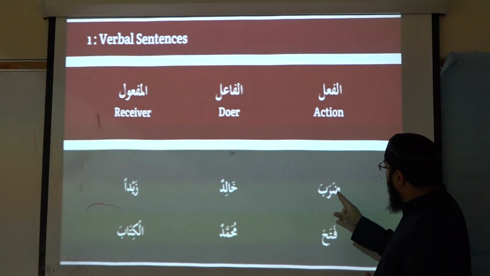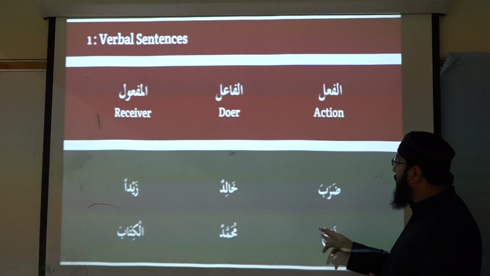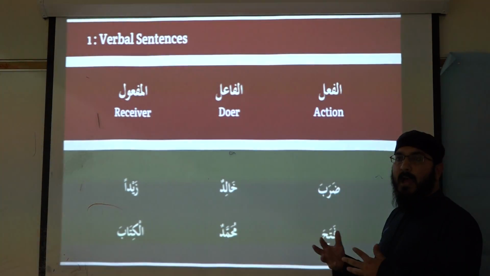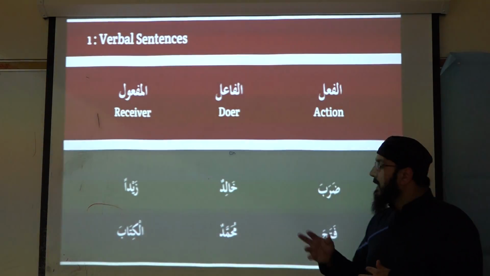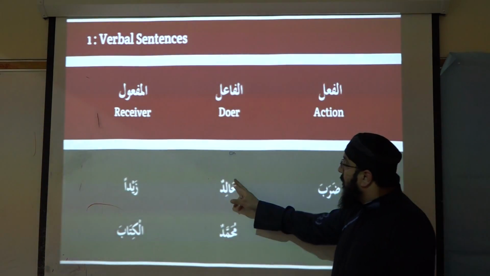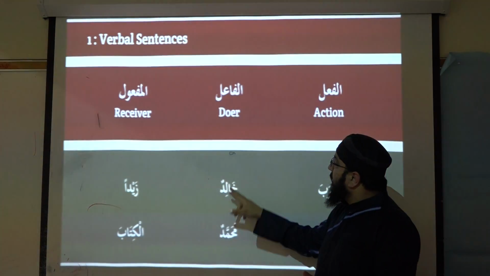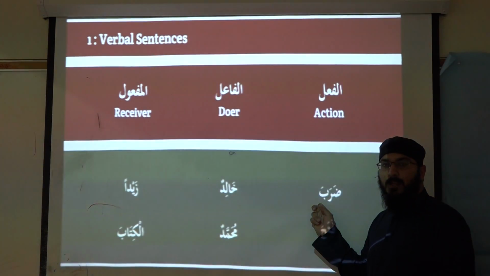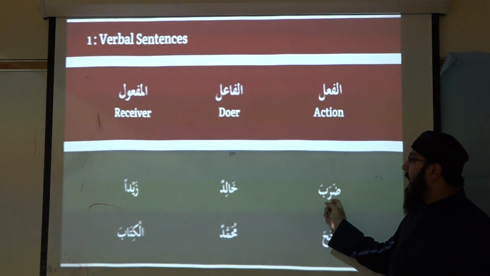Okay? So now we have daraba, which means to hit, or it means he hit. We say Khalidun. Here, Khalidun is the doer. Khalid is the one who is hitting. He is the doer of the action.